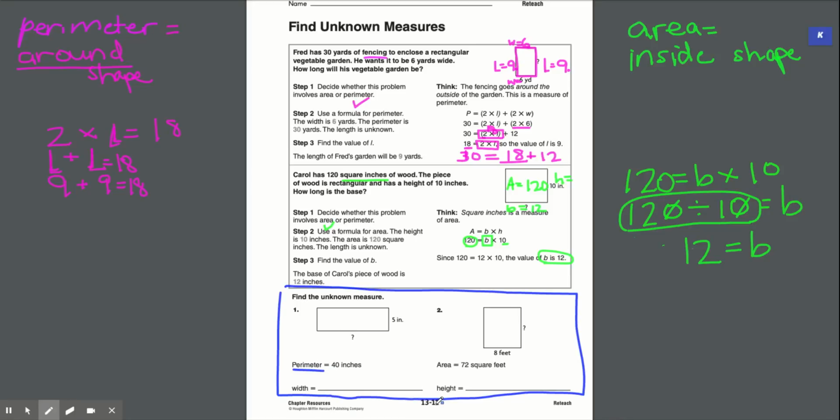Here they tell you the perimeter for number 1. And the perimeter, of course, is the measurement around a shape. And here for question 2, they tell you the area. And area is the measurement inside the shape, in square units. So use this information to solve 1 and 2 on Google Form today.